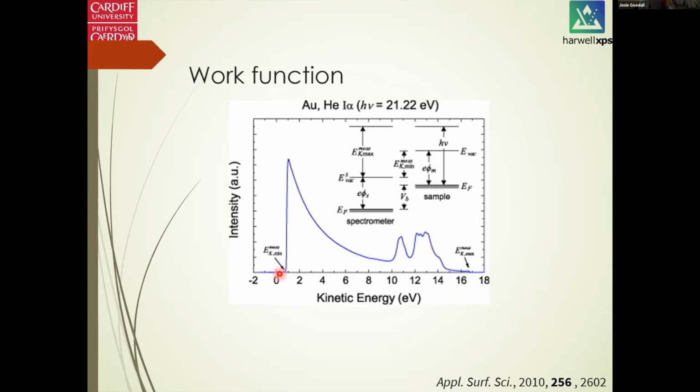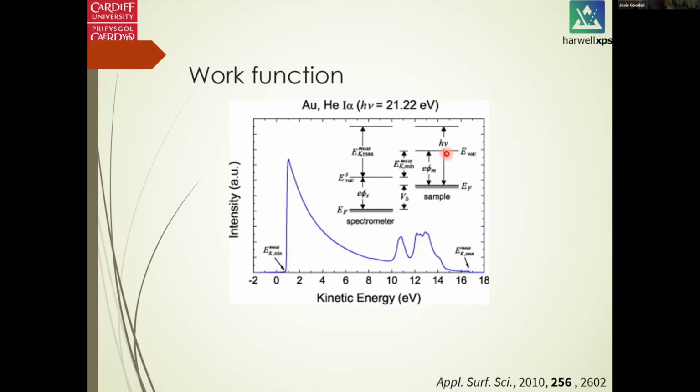And there's another process in it, which is the inelastic scattering. And this gives us a continuous background because of the loss of the energy. So these two processes superimpose each other. And with this spectrum, we could calculate the work function of the sample.